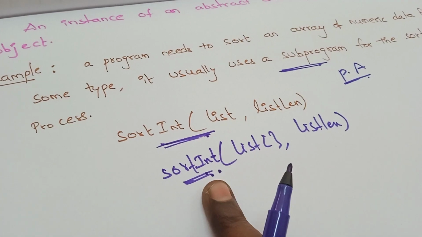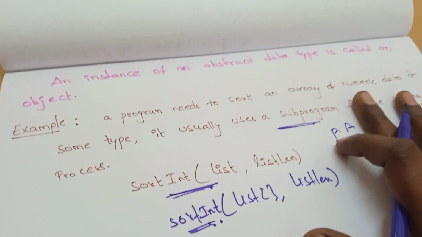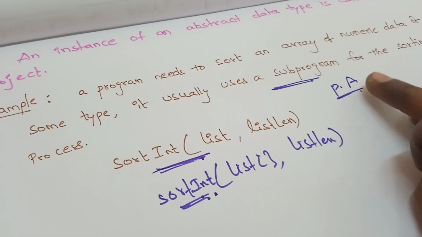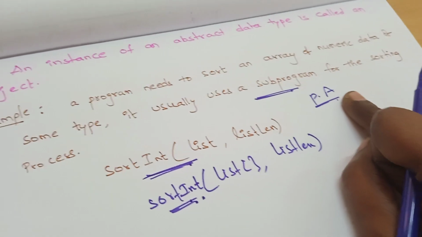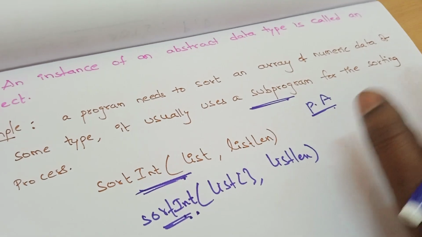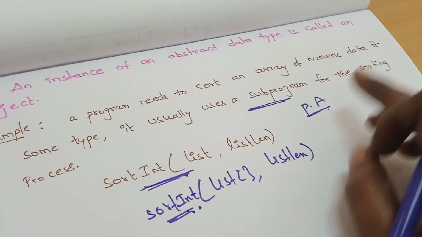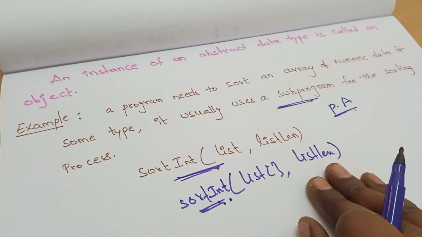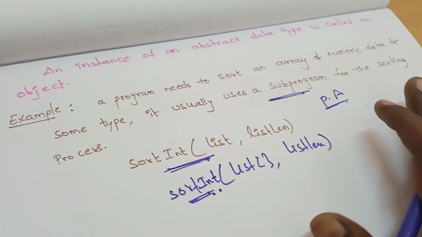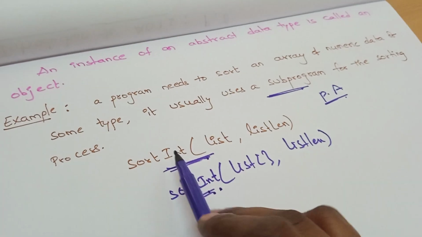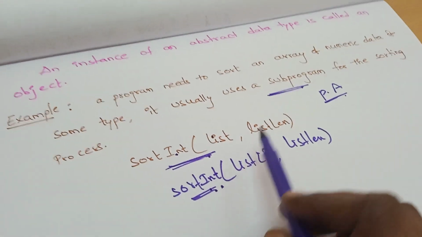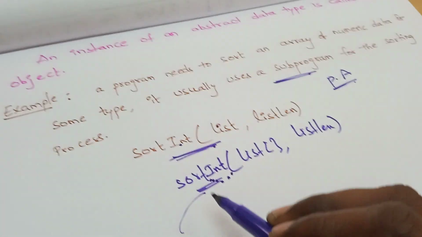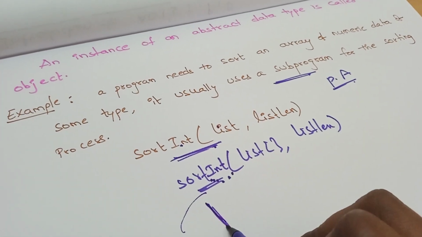So this concept is talking about process abstraction: how I can let other enclosures and other users see only the process, where implementation is not included. We declare and call the process, and somewhere in the program we write the implementation part.